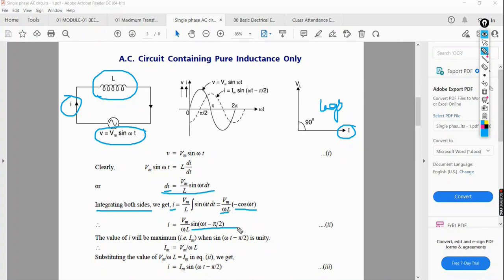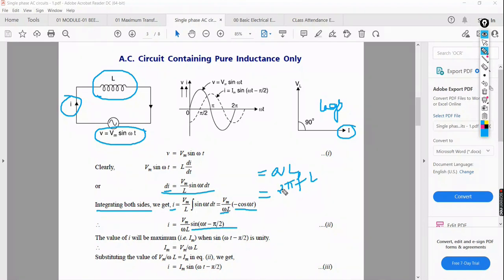It means that the current will lag the voltage by an angle of 90 degrees. What is Im? Vm by omega L. What is omega L? Omega is equal to 2 pi f. What is L?